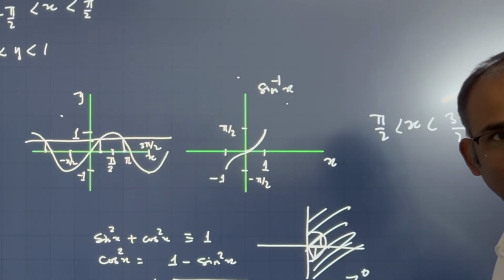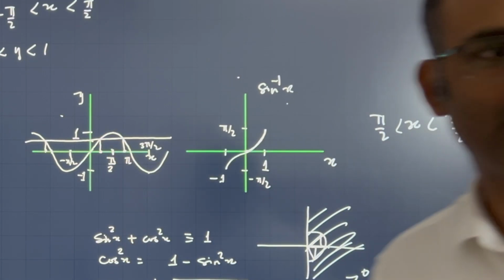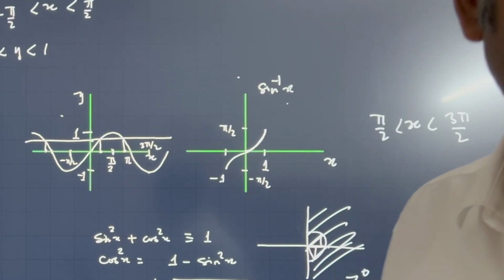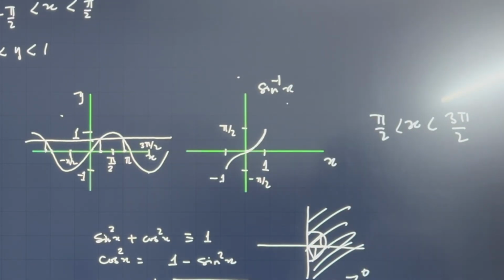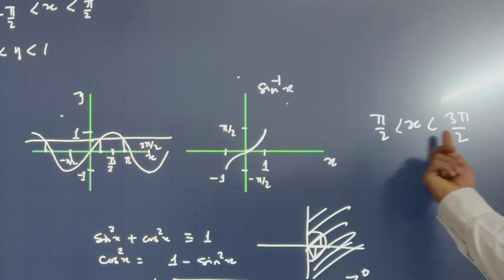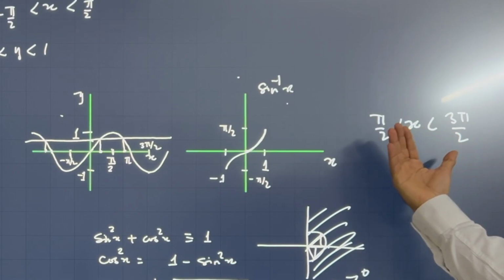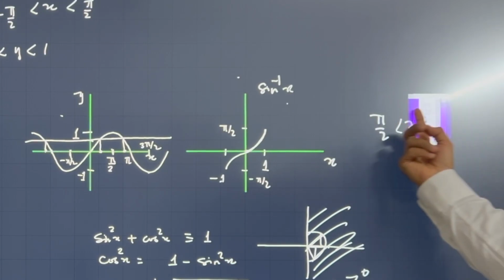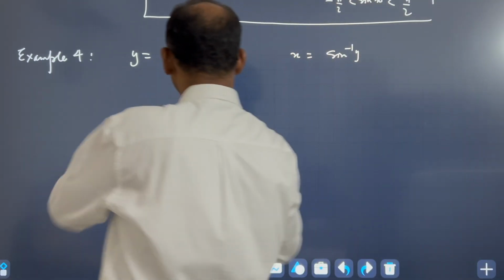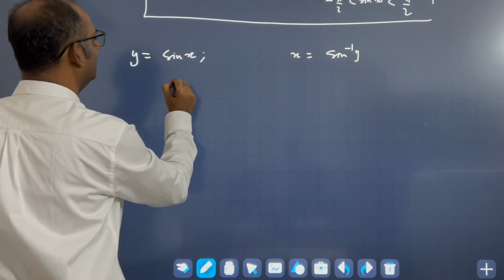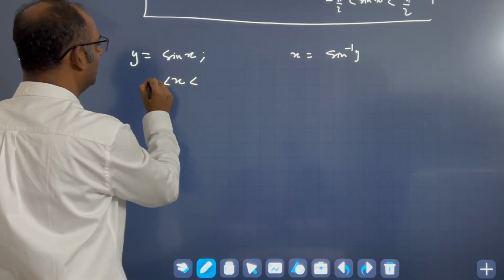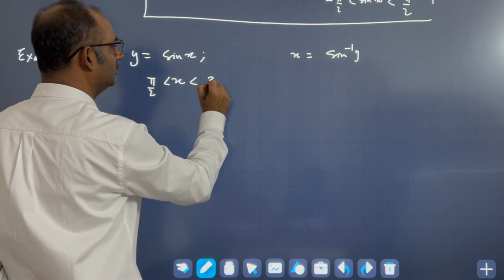I have this branch. Okay? So I will find out the derivative of sine inverse of y over this branch. And what's the entire interval length? It's pi. Pi over 2 to 3 pi over 2 is pi. So we'll go to that branch. Okay, so our branch is x lies between pi over 2 to 3 pi over 2.